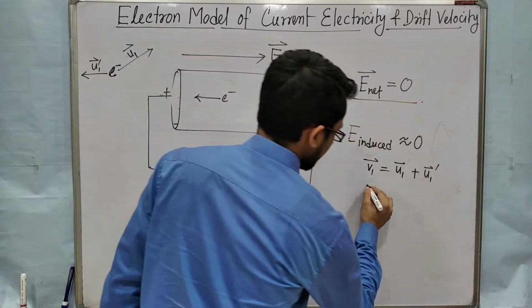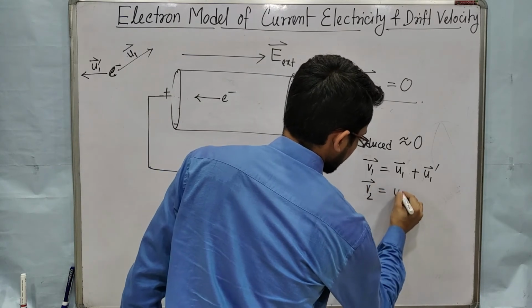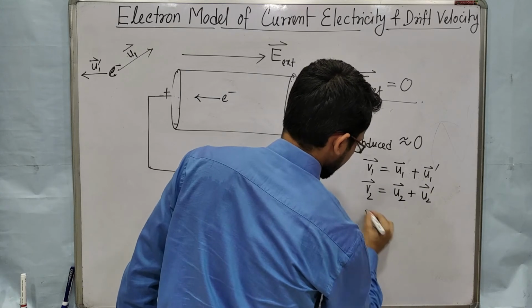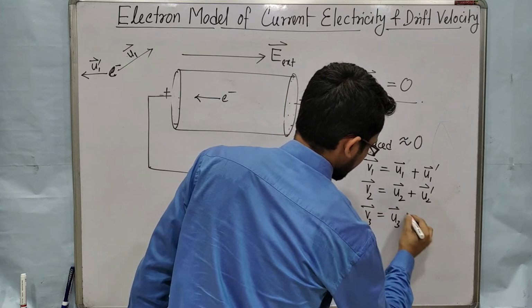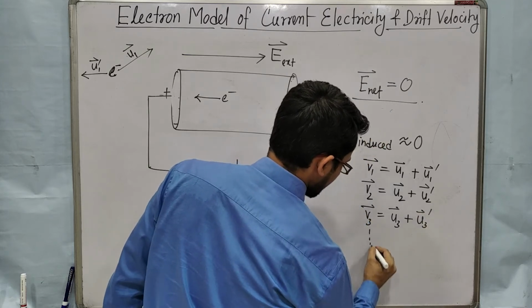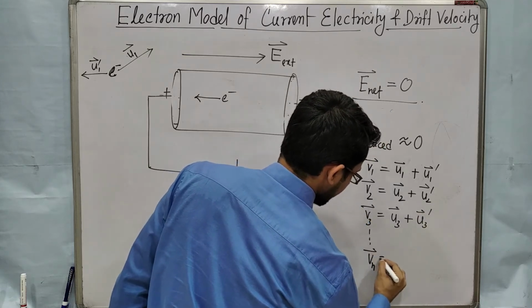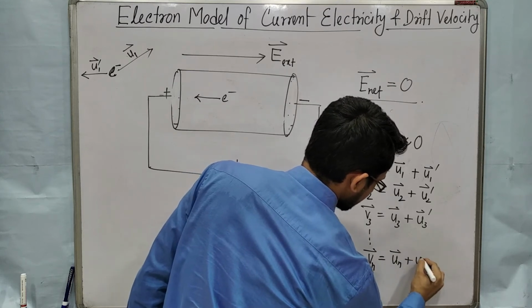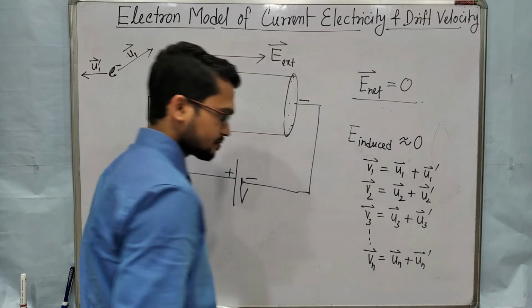Again V2 equals U2 plus U2 prime, V3 equals U3 plus U3 prime, and in that way we will get Vn equals Un plus Un prime.